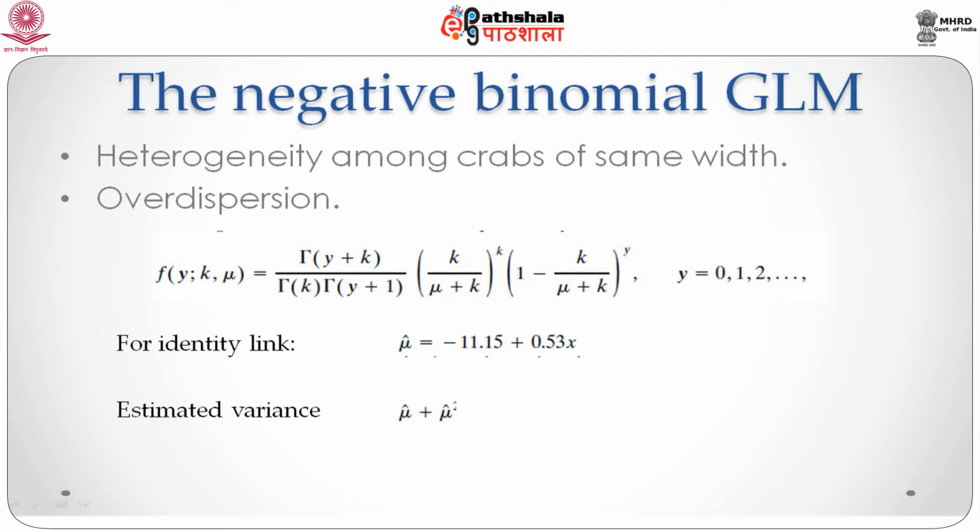The index k is called a dispersion parameter. As k inverse tends to 0, variance of y tends to mu, and so the negative binomial distribution will converge to the Poisson. But in general, the presence of k allows it to model the situation of over-dispersion.